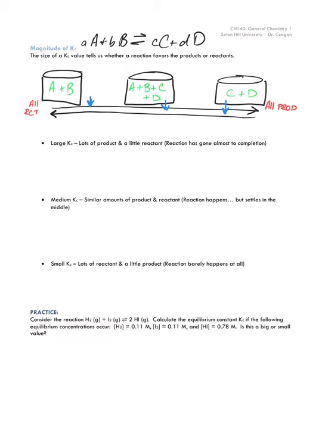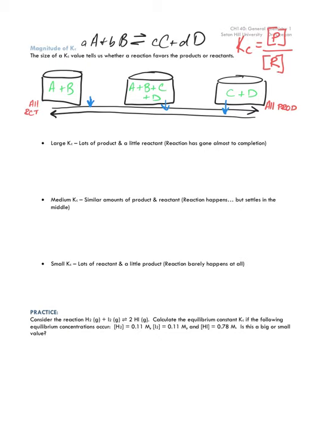So before we actually go through what would constitute a large, medium, or small Kc, let's remind ourselves what Kc is. If we think about the very simplest form of that equation, Kc is the ratio between the products and the reactants.